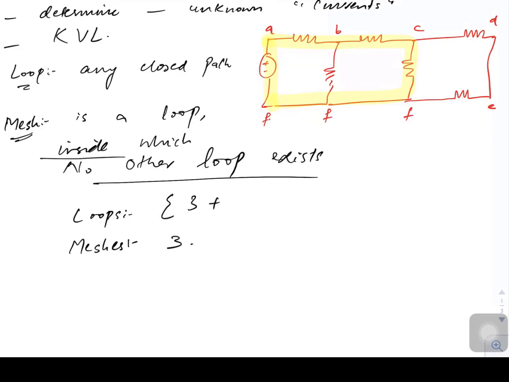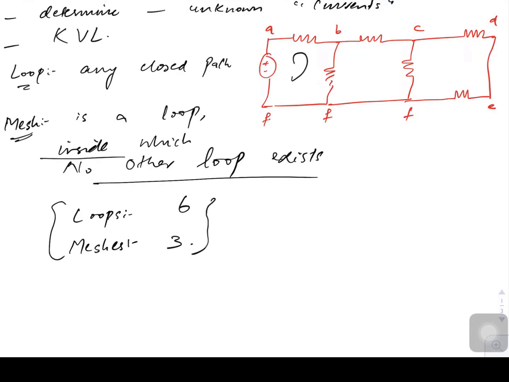So this is the fourth one. Similarly, this fifth one is also a loop, and then we have the overall one, the bigger one that we showed. So in total there are 3 plus 3, that is 6 loops.